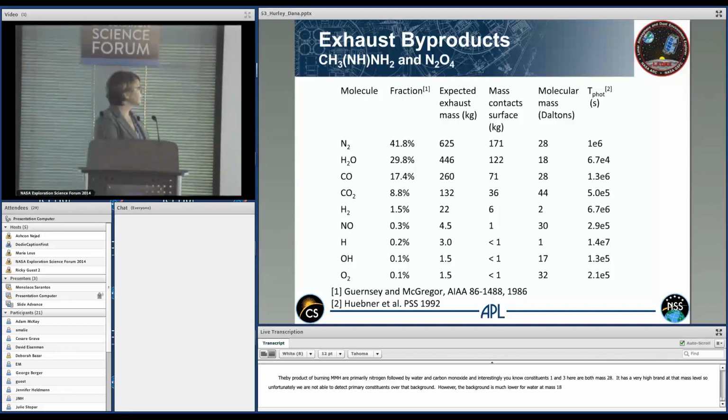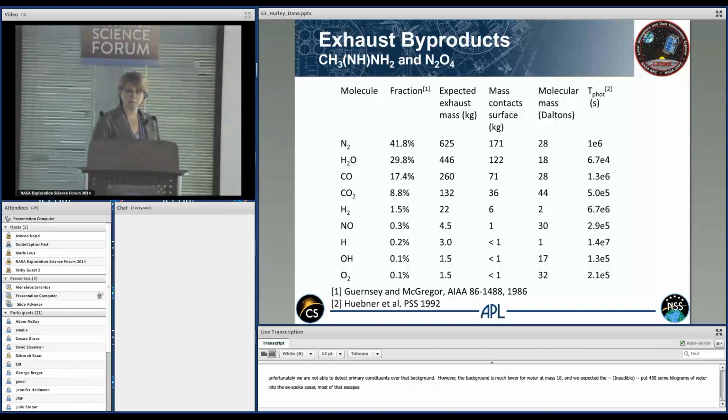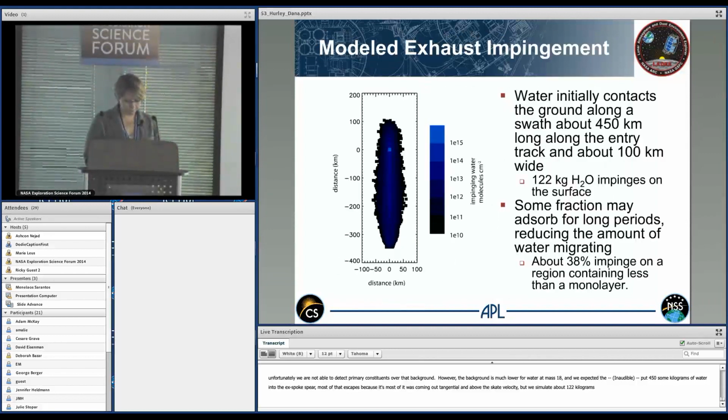And we expected that Chang'e-3 probably put 450 some kilograms of water into the exosphere. Most of that escapes because most of it was coming out tangential and above the escape velocity. But we simulate about 122 kilograms actually come in contact with the surface.